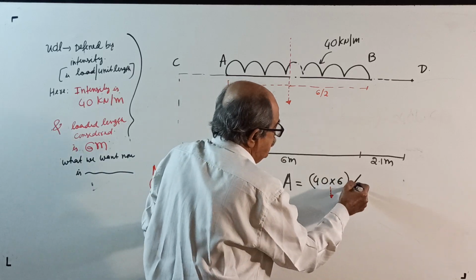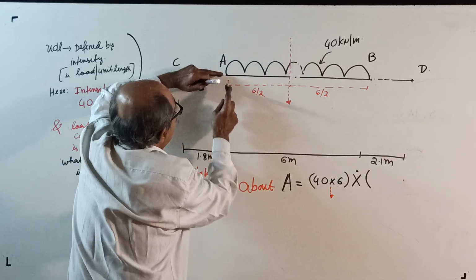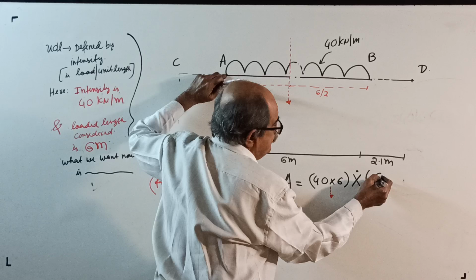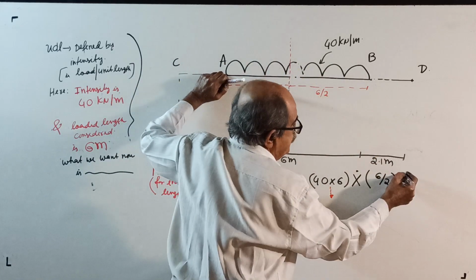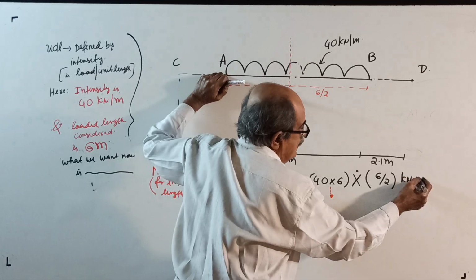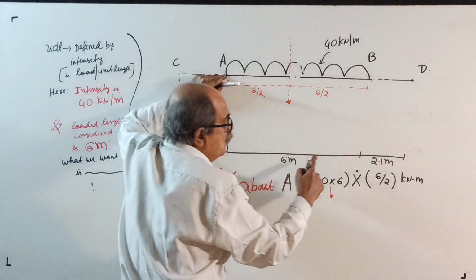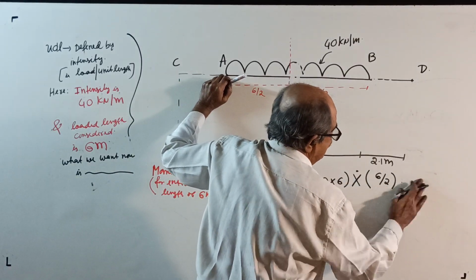Then into moment into load into distance from A to line of action of the load, which is 6 by 2, half of 6. It will be clockwise. This will be in kilonewton meter, load in kilonewton, distance in meter, kilonewton meter clockwise. Write this way.